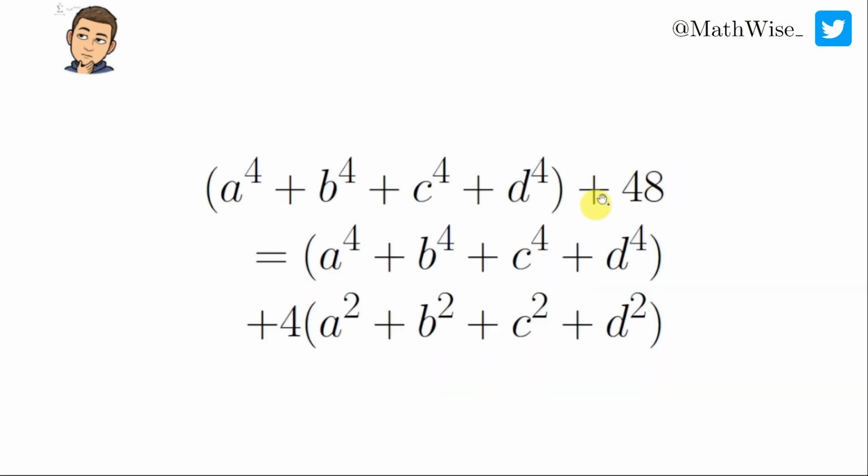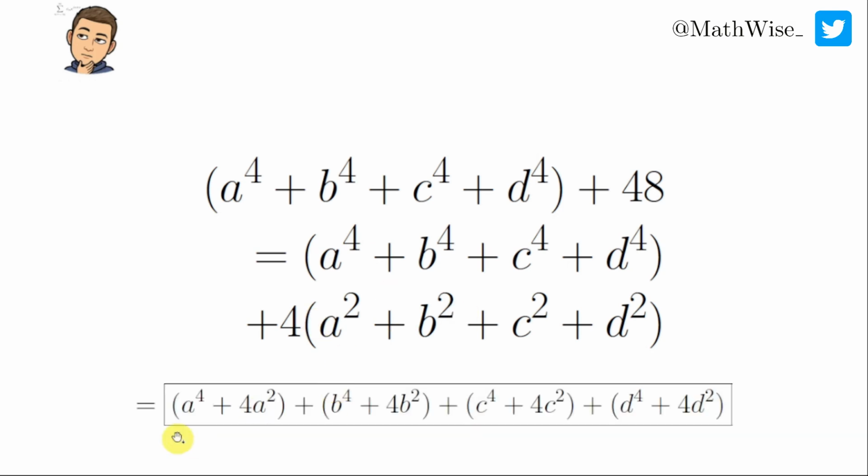We can change the number 48 to 4 times 12, right? The sum of squares is 12. And you can see here the sum of the powers, 4 plus 2 is 6, right? So we can relate that to the powers of 3 because 6 divided by 2 is 3, and we might want to use AM-GM here.